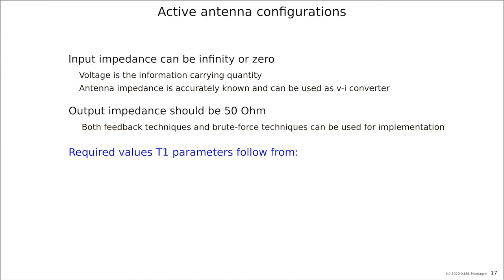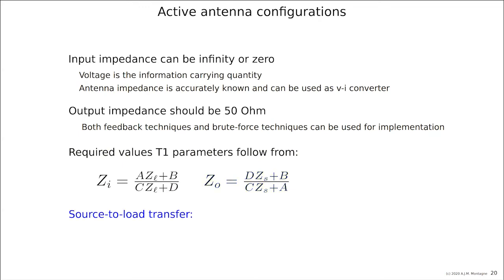So the required transmission one parameters now follow from the expressions for the input and output impedance. So either you select 0 or infinity for the input impedance, and the output impedance, and that will give you ratios of values. It will not give the final value of A, B, C, and D. The source to load transfer is the final one you need to set the value.